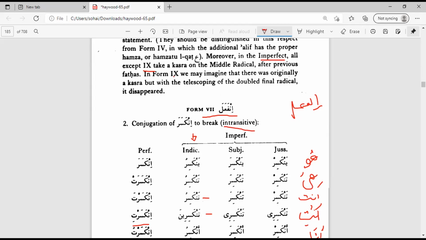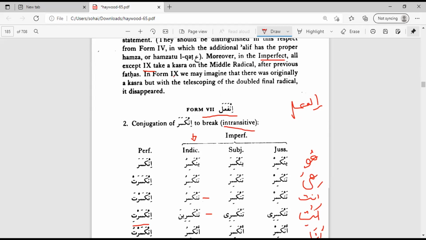So you add alif, and as we've done the rules in the simple verb form one, if it doesn't have a dhamma in the second root letter, you have the fatha or kasra, then the alif must take a kasra. And this is the difference between these forms and form 4, because form 4 was hamzatul qat', which means it doesn't drop. So what happened when, for example, anta tuf'ilu, right?